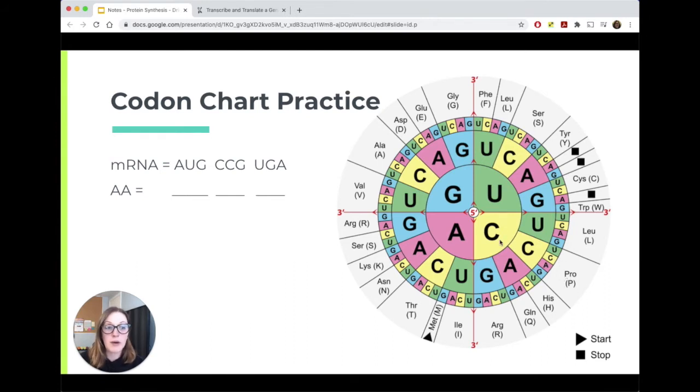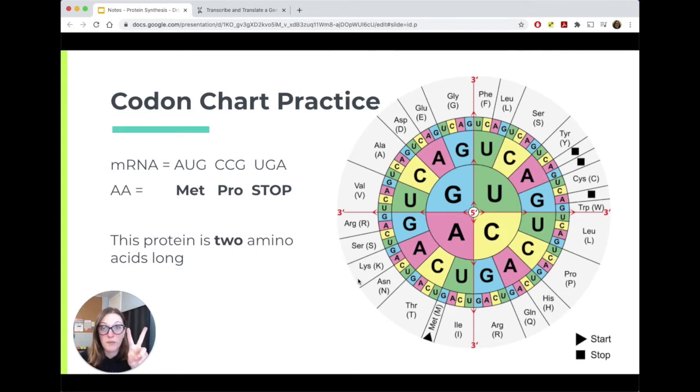We will talk about the importance of that when we get to genetic mutations. UGA codes for the stop codon. Stop codon does not actually translate to a specific amino acid. It basically just signals the ribosome that this process is done and over. So here are your answers. This protein is 2 amino acids long. You have methionine bound to proline, and that is your total amino acid sequence, or protein.